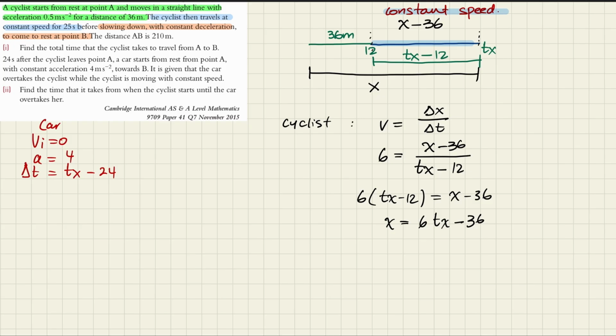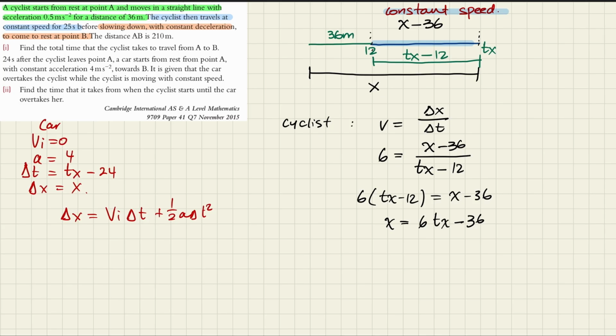Now we can set up a formula using one of the equations of motion. Delta x is x, and the formula we can use is delta x is equal to vi delta t plus half a delta t squared. Now the car and the cyclist would have traveled the same distance from point A when the car catches up to the cyclist.